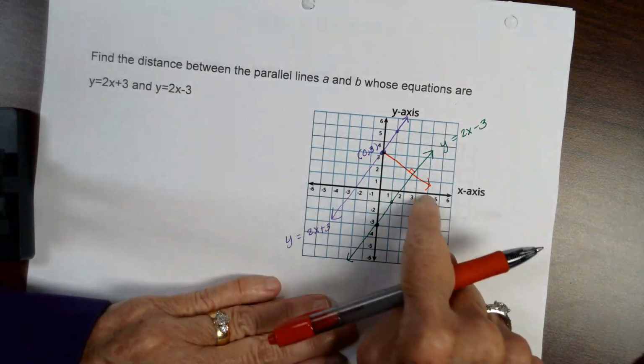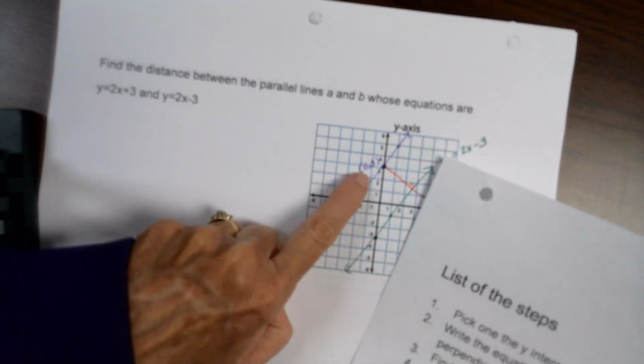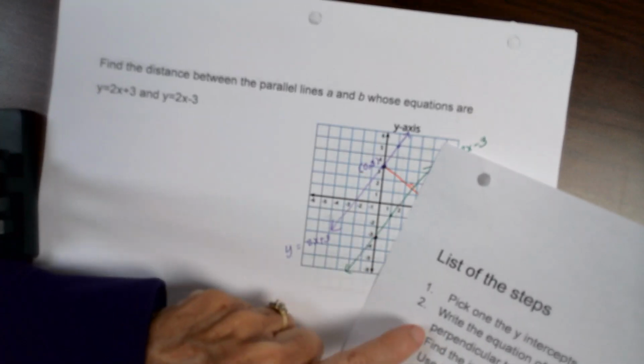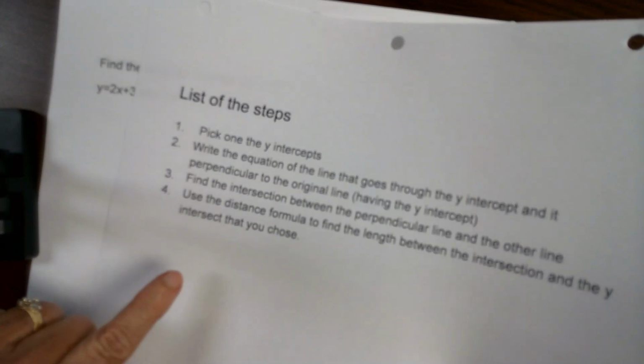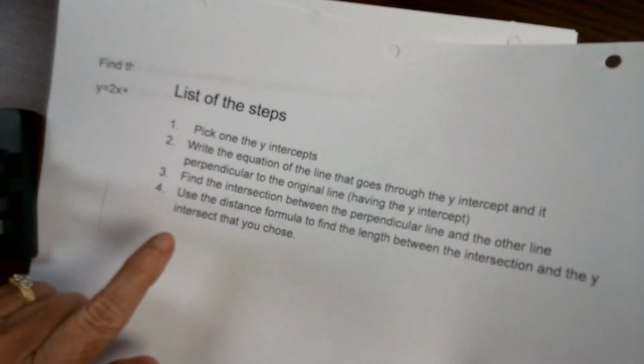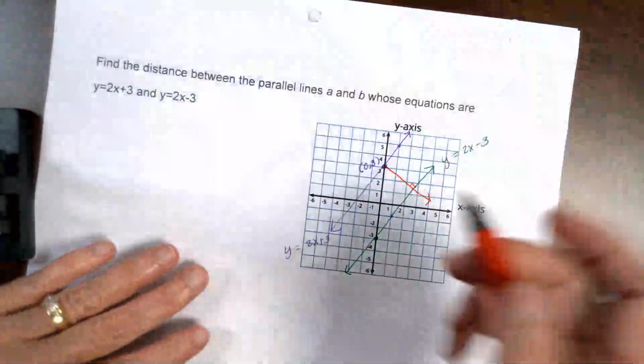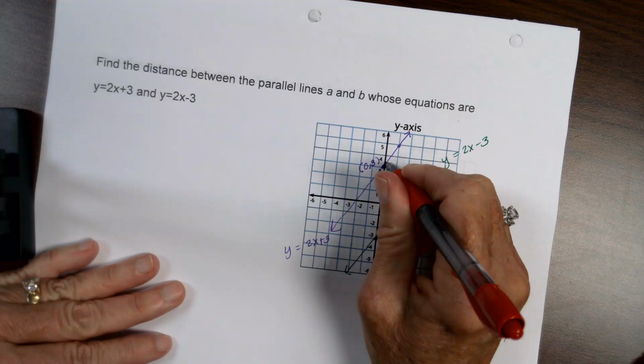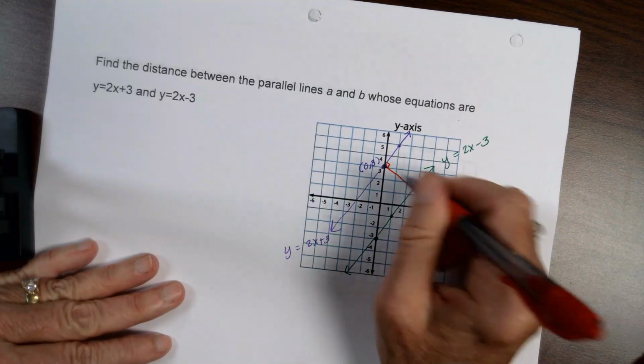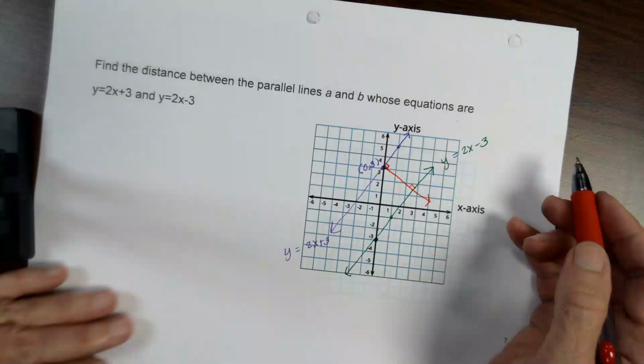If you look at the steps here, I've picked my y-intercept. That's going to be 0, 3. The next step is I write an equation of the line that goes through the y-intercept and is perpendicular to the original line. So it's perpendicular to both of these because they're parallel lines.